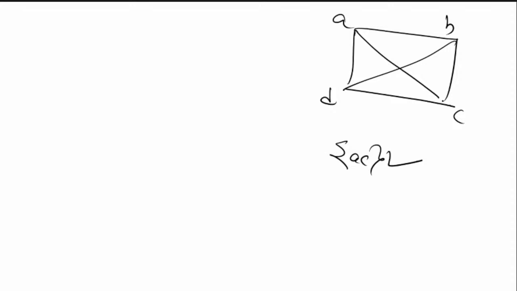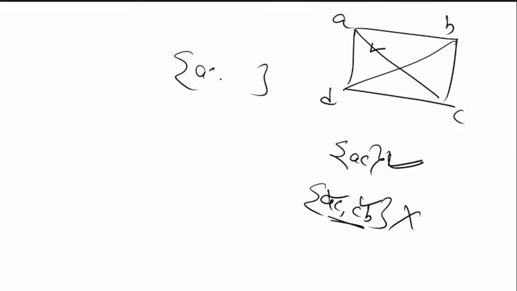If I take only this edge, AC, then this is a matching. But AC, CB is not a matching, because they are sharing a common endpoint, C. So that's why this is not a matching.